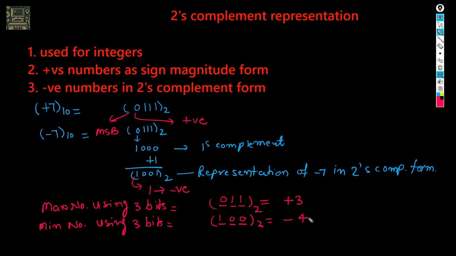So this is nothing but the value minus 4. So using 3 bits, the range of the numbers will be minus 4 to plus 3, in decimal number system. Similarly, we can calculate the range of the numbers using n number of bits.